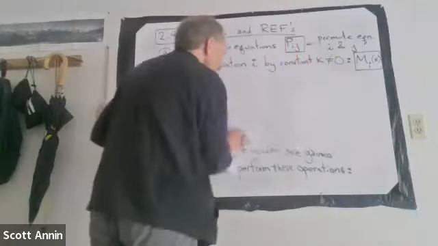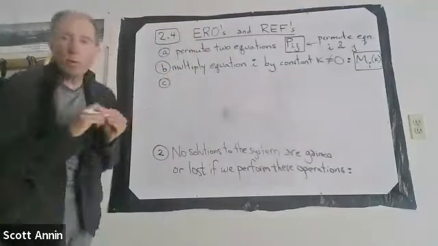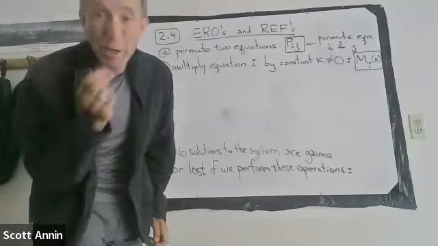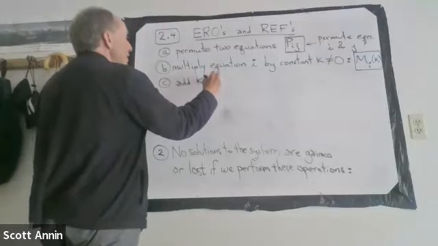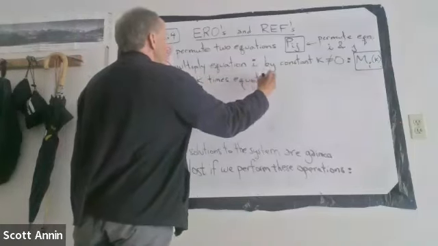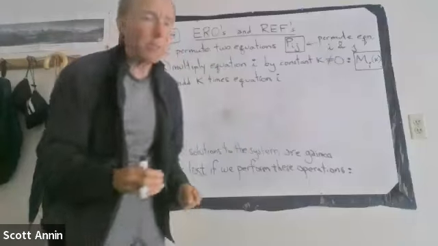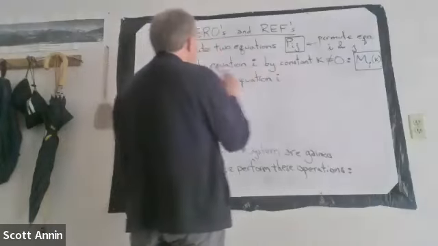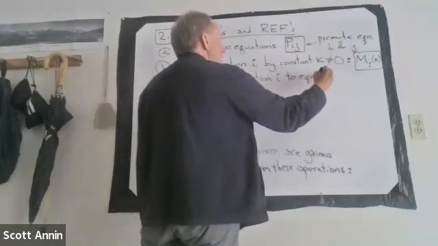Okay, one more. There's 3 of these, as I mentioned. The third one is the most complicated one, but it's actually the one that we will use the most, which is that we can add k times equation i. So we take one of the equations, i just stands for one of the equations in my list in my system. We multiply it by k, and we add that to equation j.